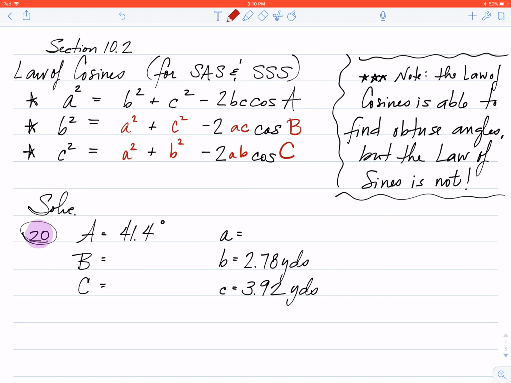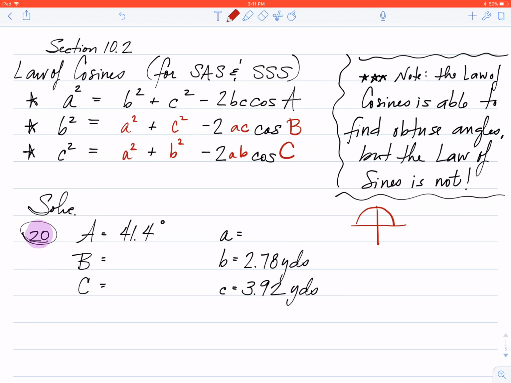One note, I actually mentioned this back in the 10.1 video. Remember that the law of sines is not able to find obtuse angles, but the nice thing is the law of cosines can. You remember that inverses find angles, and for the law of cosines, since I'm using cosine inverse, the restriction was up on the top half.